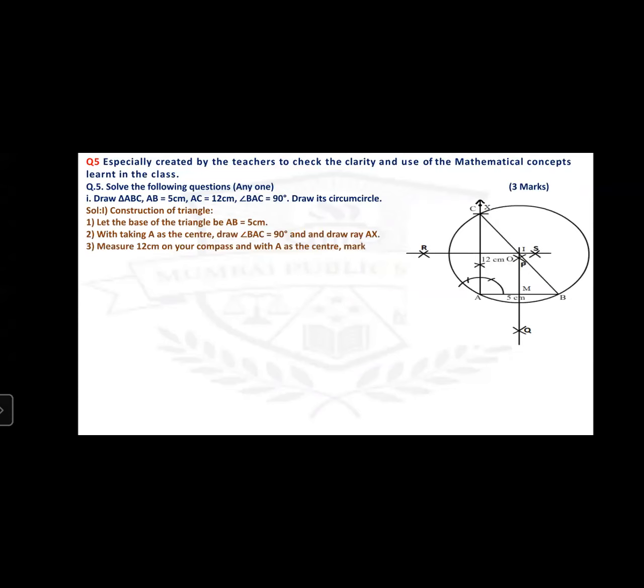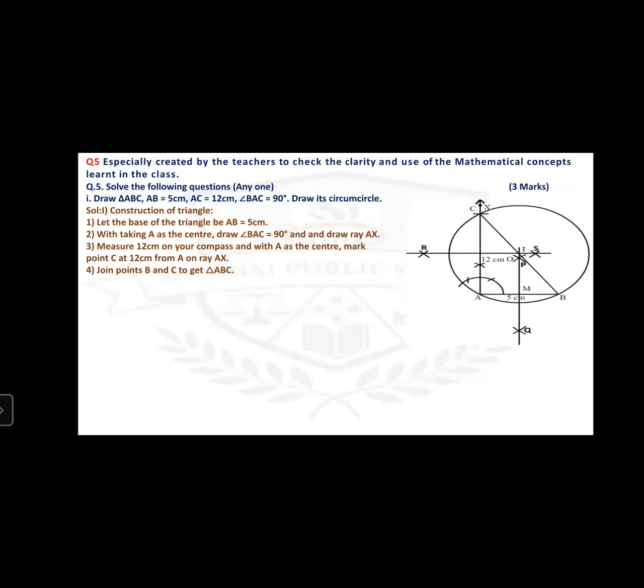Third, we measure 12 centimeters on the compass with A as center and mark point C at 12 centimeters from A on the ray AX. Next, join points B and C to get a triangle.